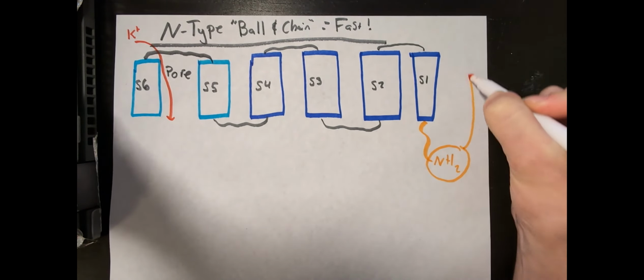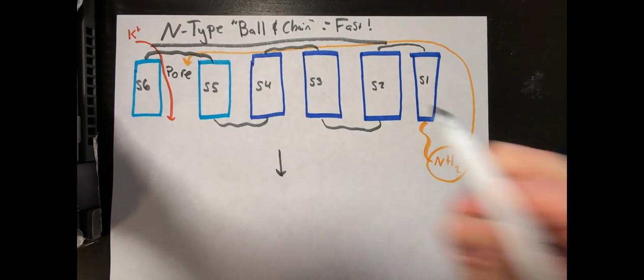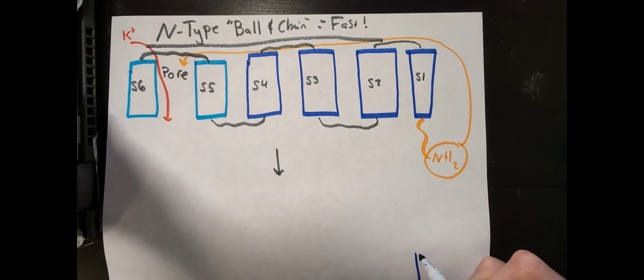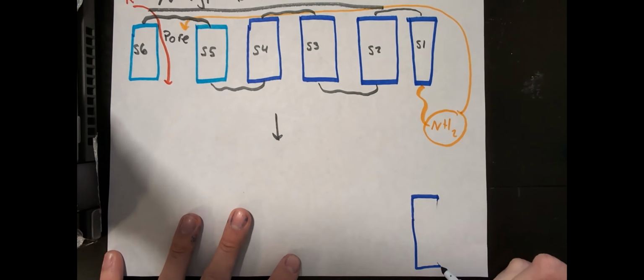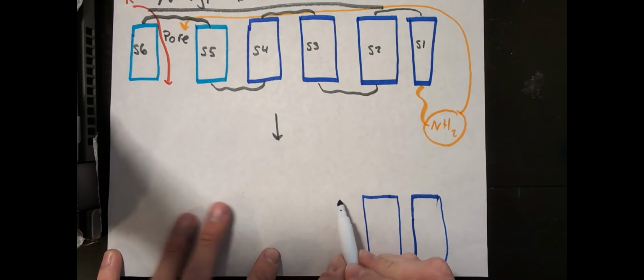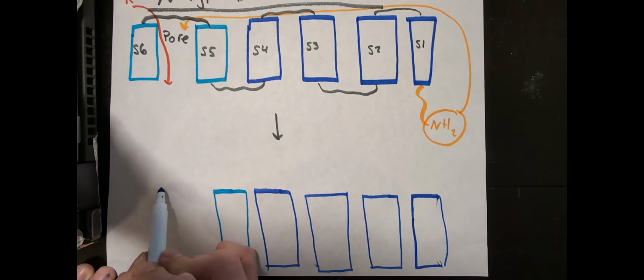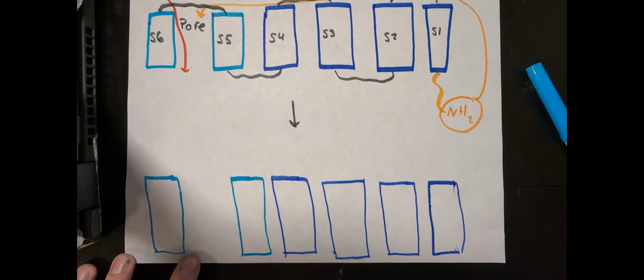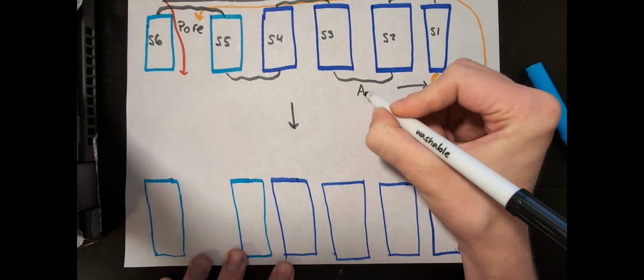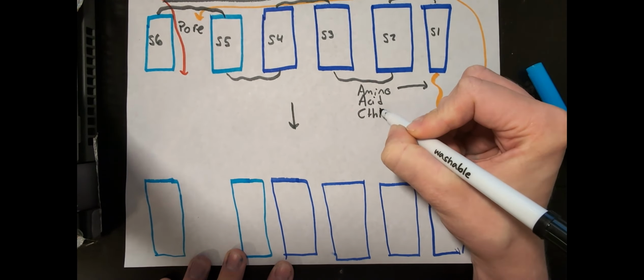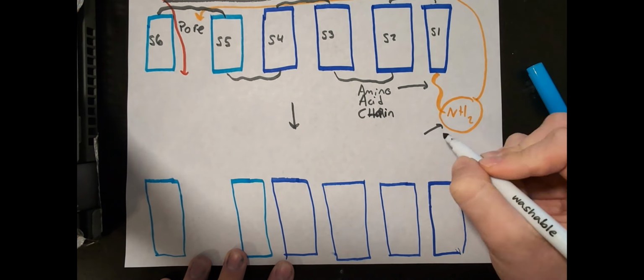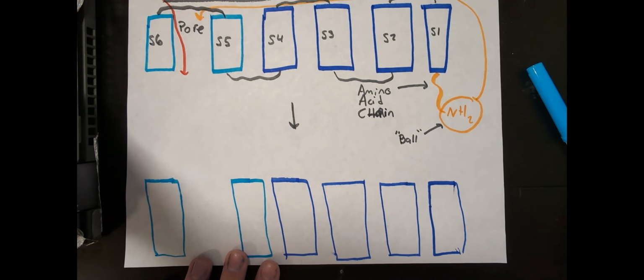Now, the pore is open and potassium can travel through the pore, but this amine group can move to the pore, and this will actually, as the name implies, function as a ball attached to a chain, an amino acid chain.